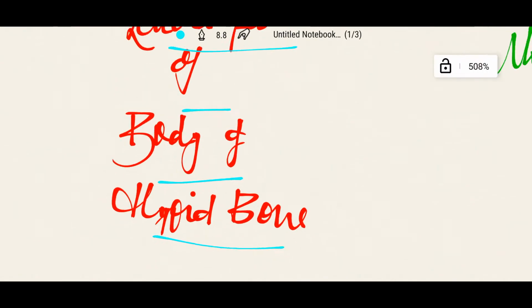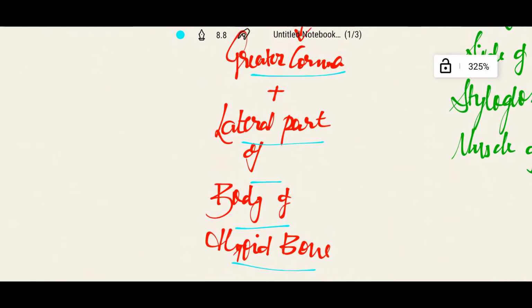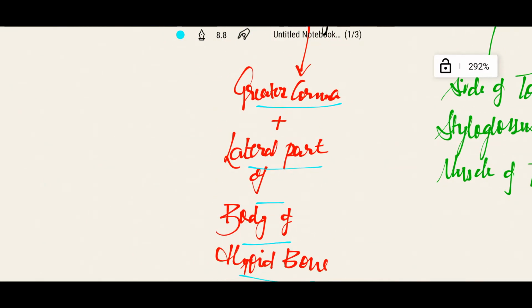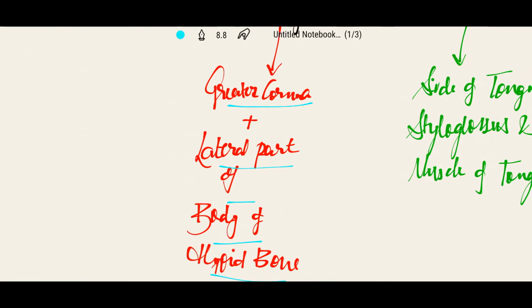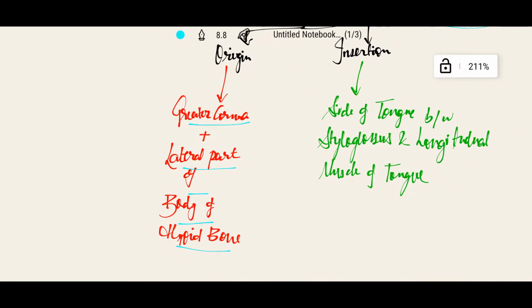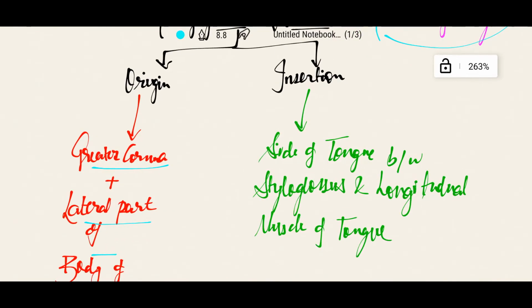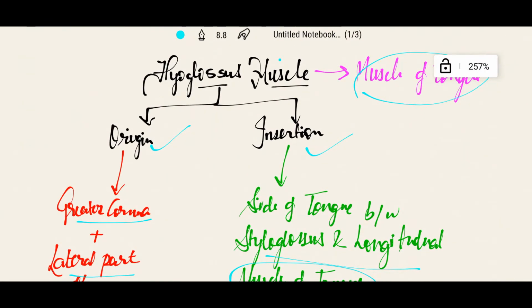Then it inserts directly at the side of the tongue, between the styloglossus and the longitudinal muscles of the tongue. So here is the origin and here is the insertion of the hyoglossus muscle.